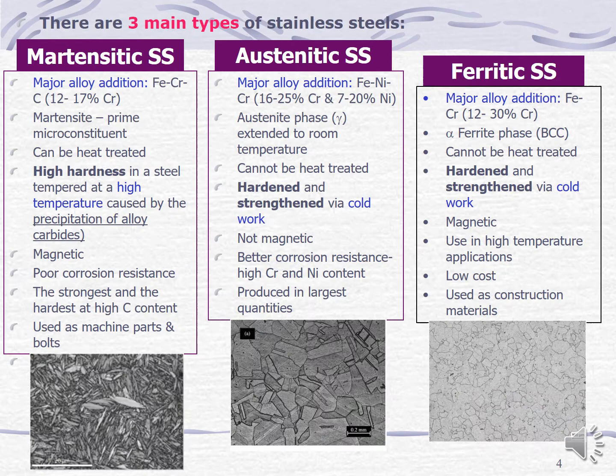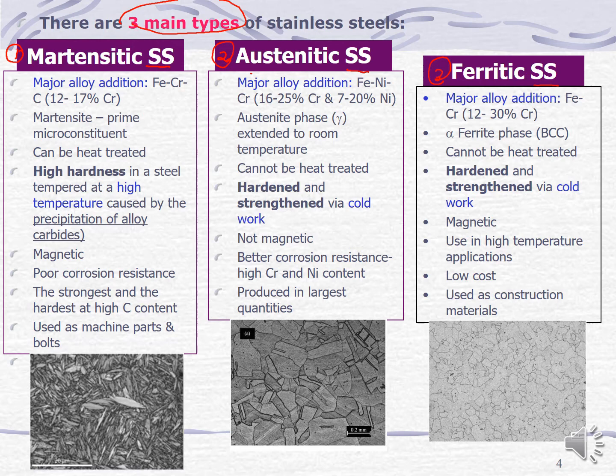metal. Okay, there are three main types of stainless steel. The first one is martensitic stainless steel, the second one is austenitic stainless steel, and the third one is ferritic stainless steel. Here, you can see the comparison between these three main types of stainless steel.